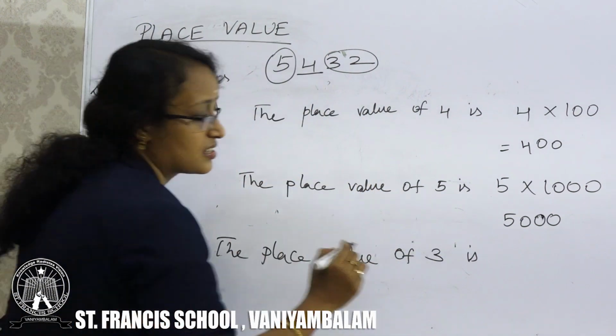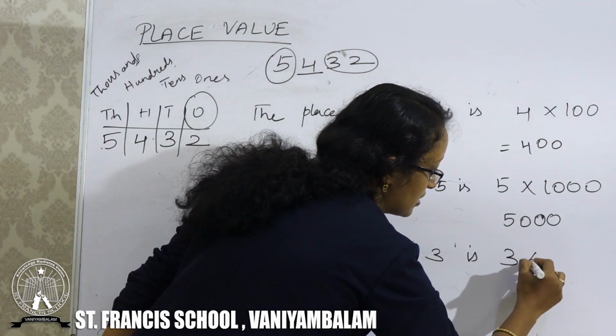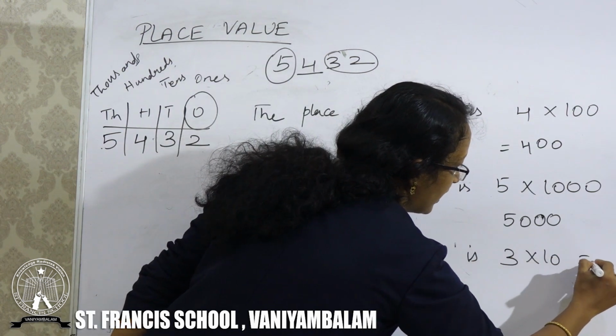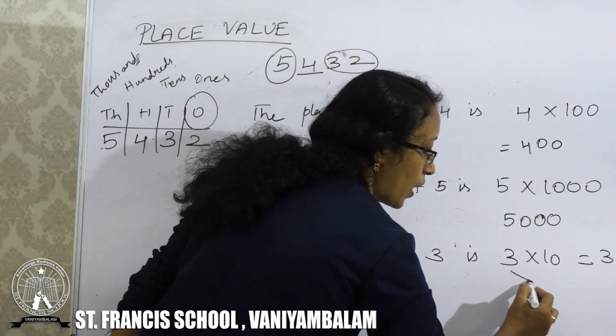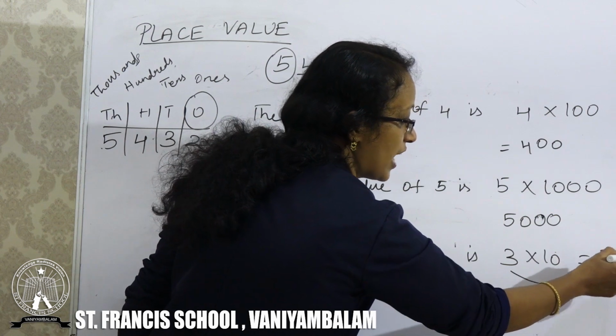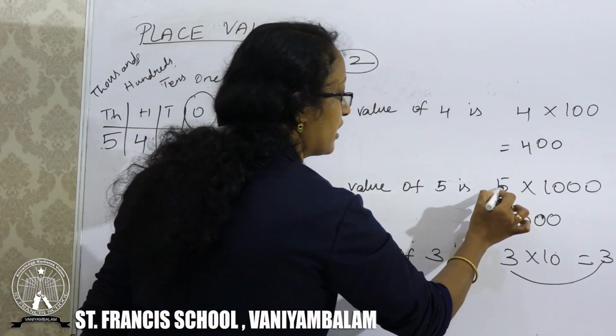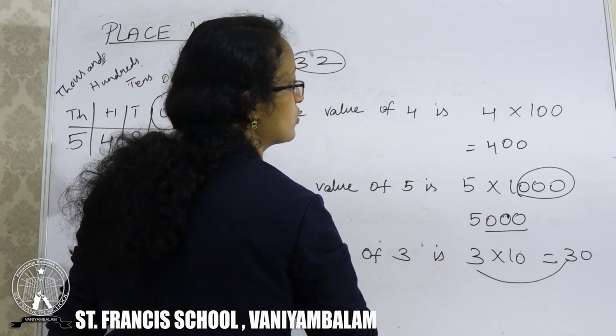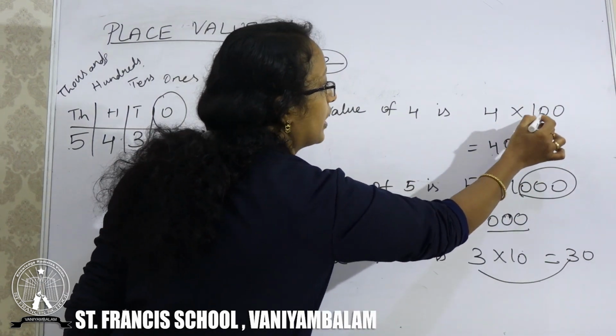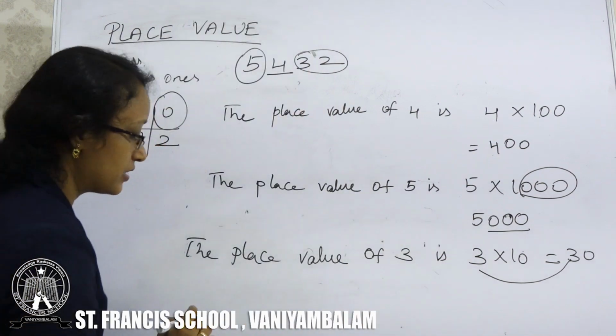Where the 3 lies? 3 lies in the tens place. So 3 into 10 is 30. Right? Write the 3 ones and put how many zeros you have. Write the zeros. That's it. And here also write 5 and how many zeros you have. Put 3 zeros. Next, write 4. How many zeros? Write it as it is.